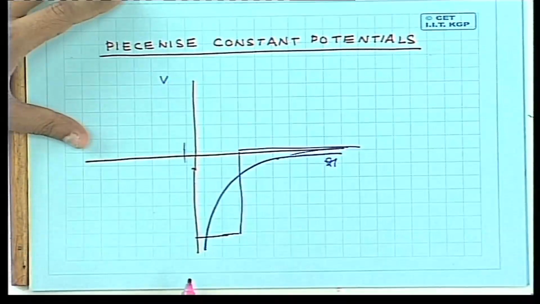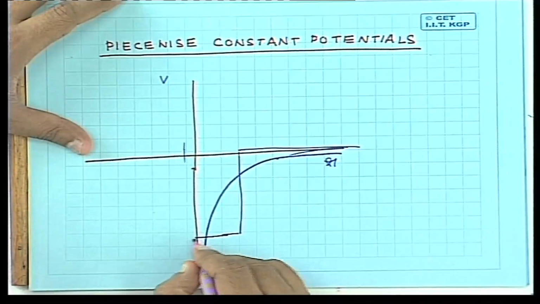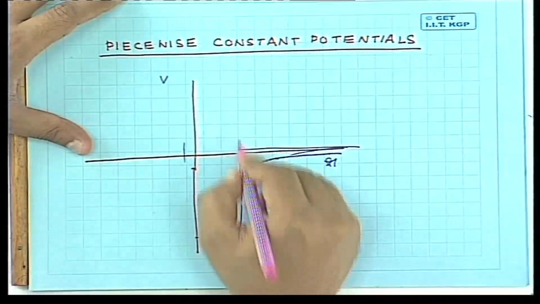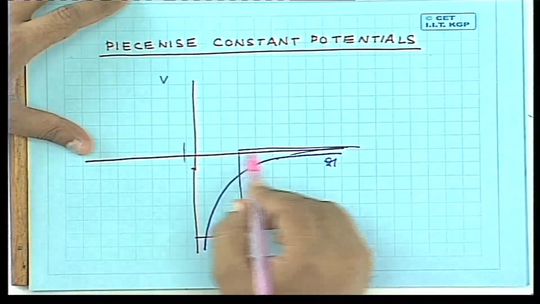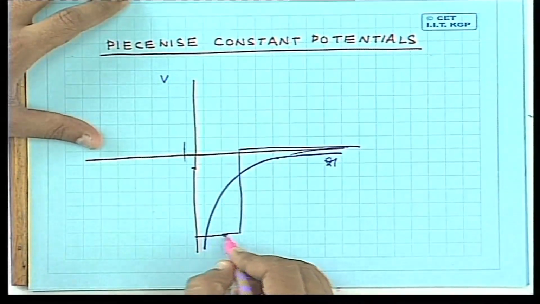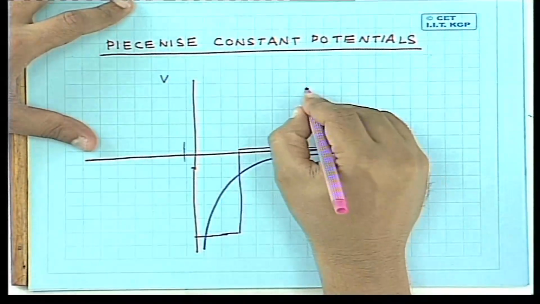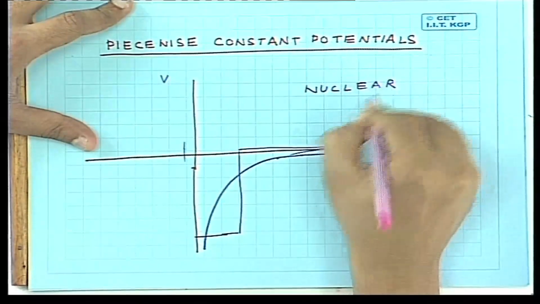So for many purposes you can model it as a potential which has a constant negative value for some very small length scale, and then once you cross that length scale the potential disappears, it becomes 0. So this is one example of a piecewise constant potential. This is the nuclear interaction.